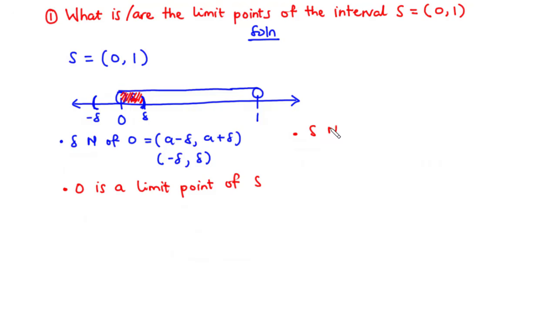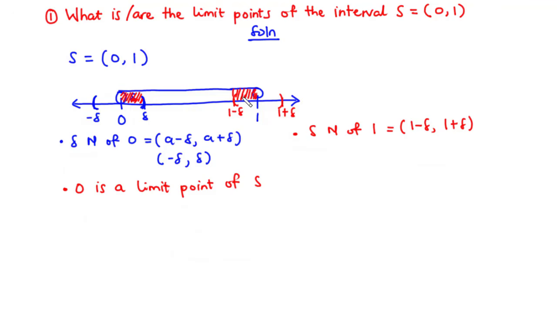So the delta neighborhood of 1 is given by the open interval 1 minus delta, 1 plus delta. So this is 1 plus delta, and then this is 1 minus delta. Here also you realize that the intersection of 1 minus delta, 1 plus delta, and S contains infinitely many points.